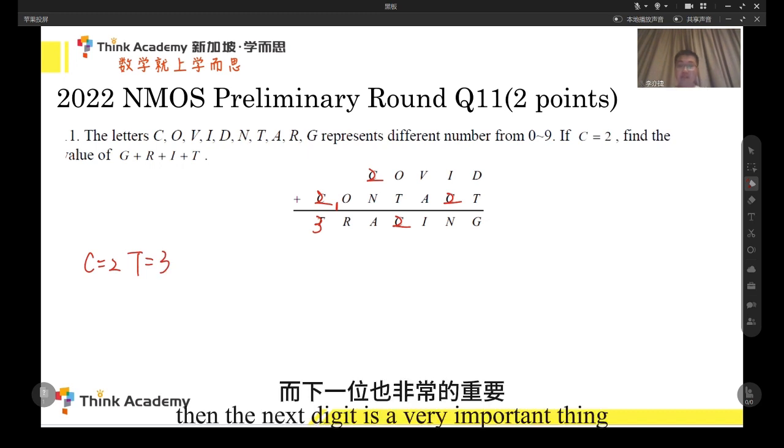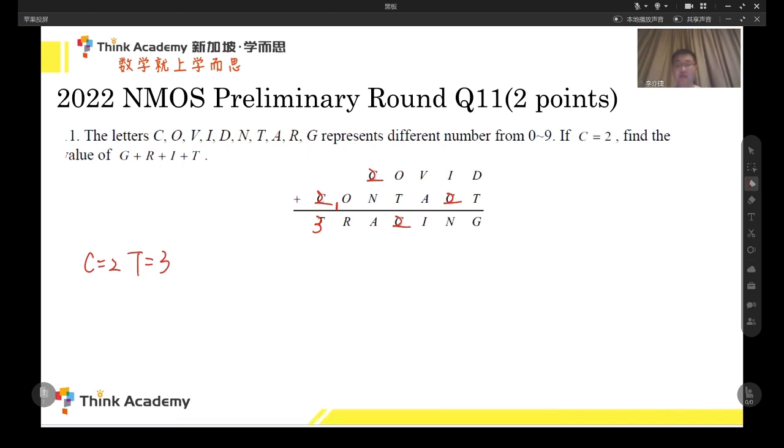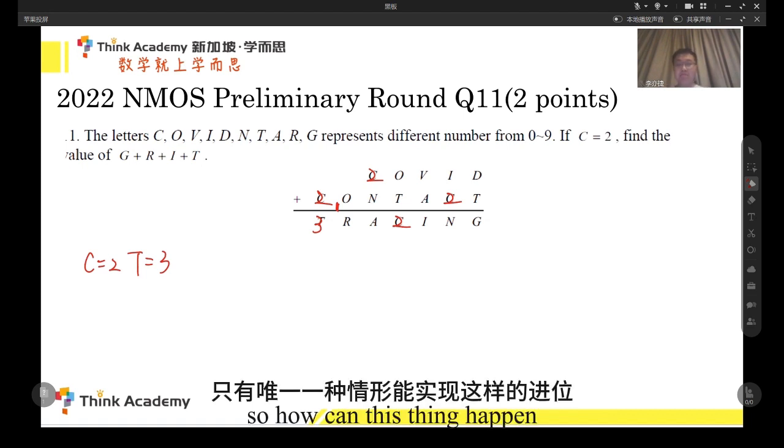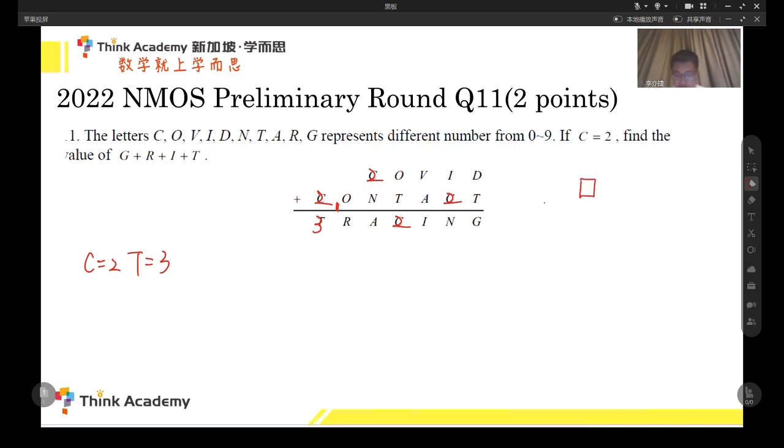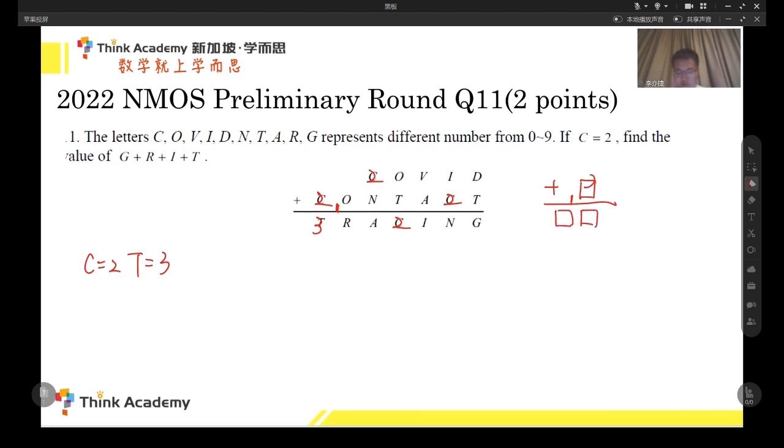Then the next digit is a very important thing we should know, that O here. We know that O did not add up with any number as well, but still the column has a 1 carried forward, which means the sum is over 10. So how can this happen? There is only one way: if a digit plus nothing still has a 1 carried forward, this digit should be 9.